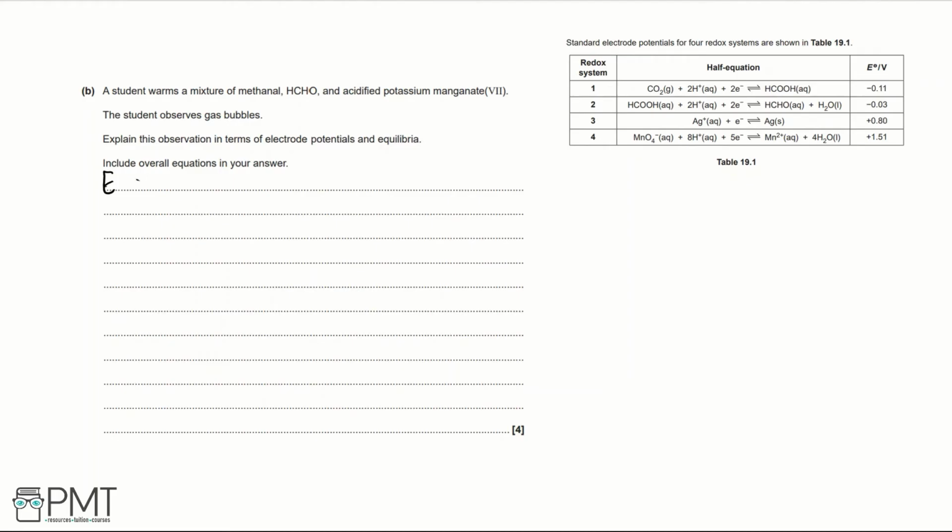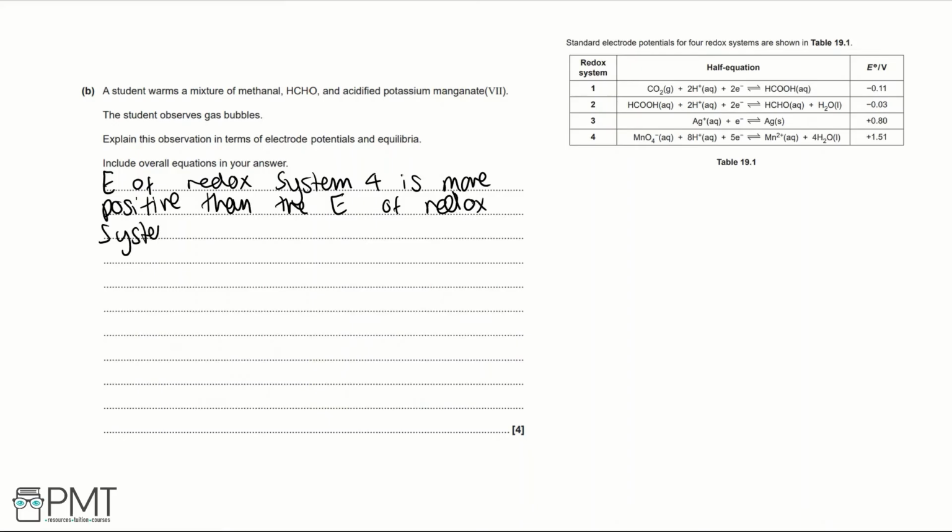So, looking at the redox systems that involve methanol and potassium manganate 7, so the manganate 7 ion, that's 1, 2 and 4. The electrode potential of redox system 4 is a lot more positive than redox systems 2 and 1, because they have negative values and redox system 4 has a very positive value.